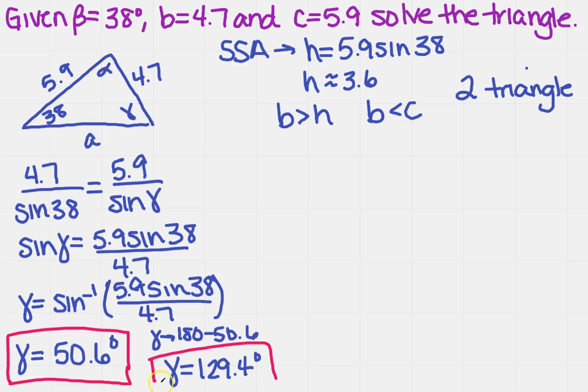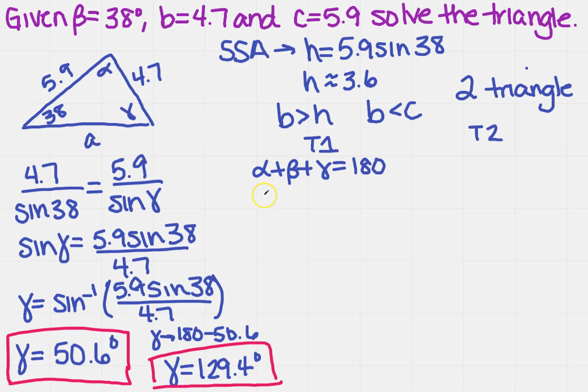So we have both of our possibilities. Well, how's that going to help us? Well, now I can solve alpha plus beta plus gamma to find my alphas for either one of these situations. So I'm going to call one T1, for triangle 1, and then I'm going to have T2 for triangle 2. So for triangle 1, I would have alpha plus beta plus gamma equals 180.